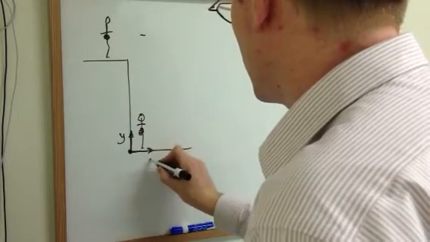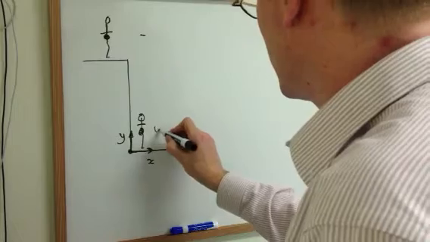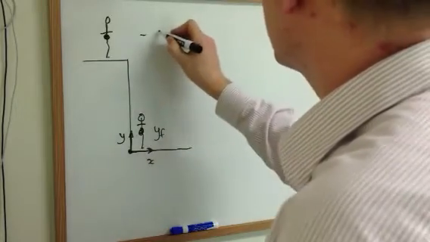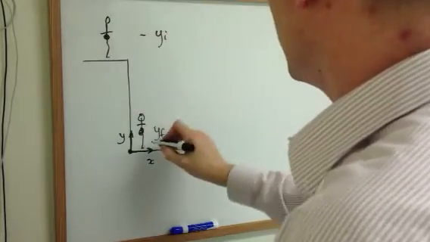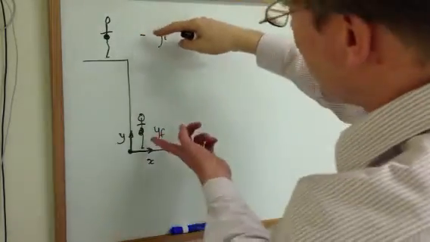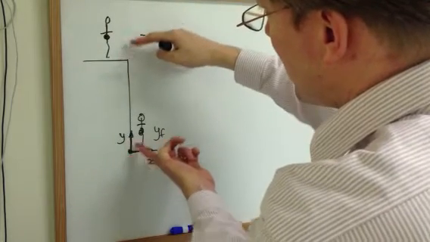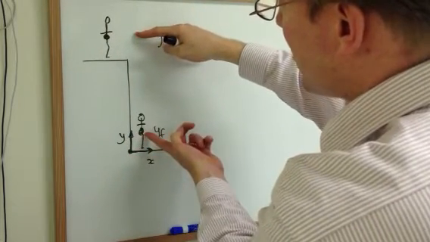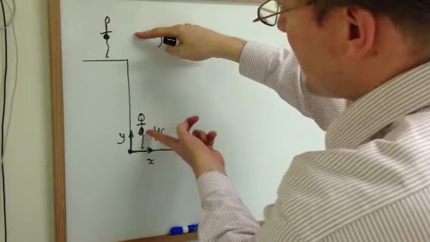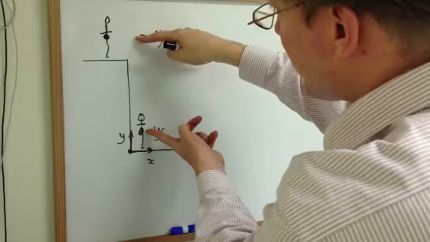There's y, there's x. So he has some kind of final position and some kind of initial position. And the difference between these two positions is the height of the ledge. He stands above the ledge when he leaps, and he stands above the ground when he lands.